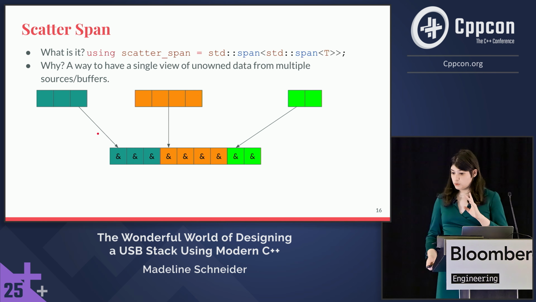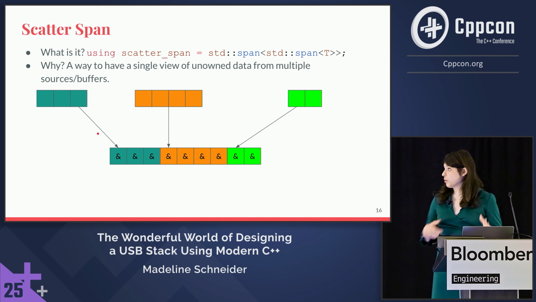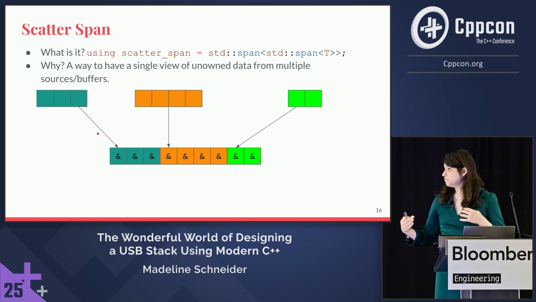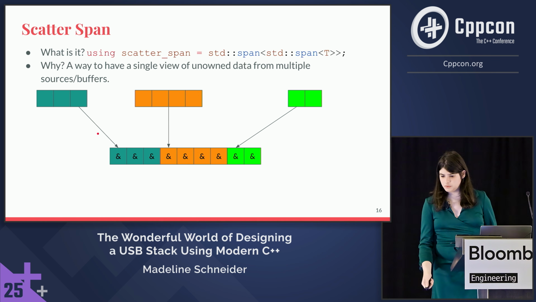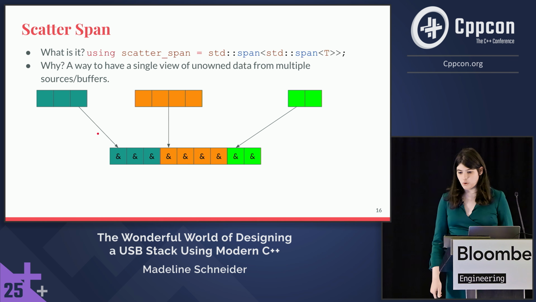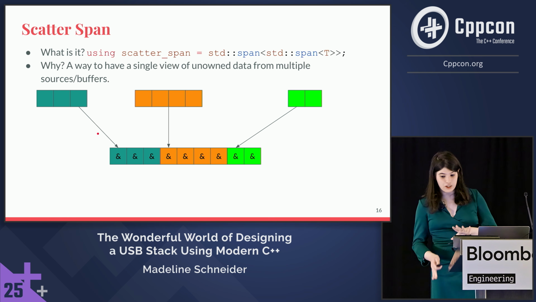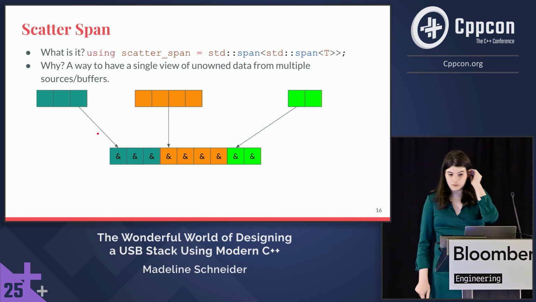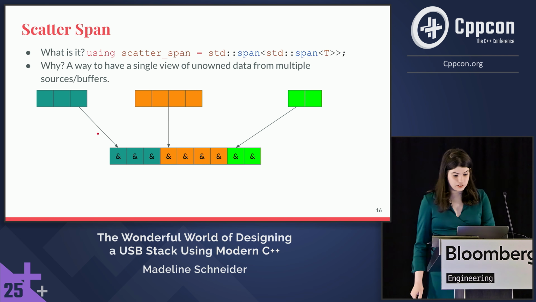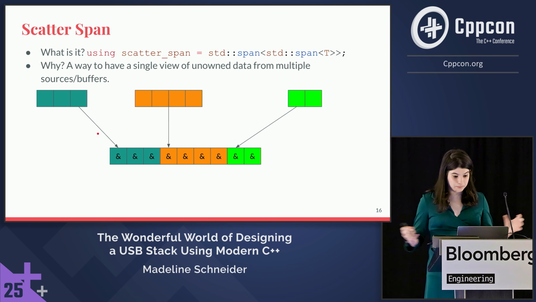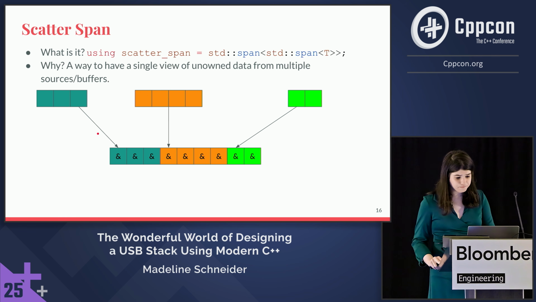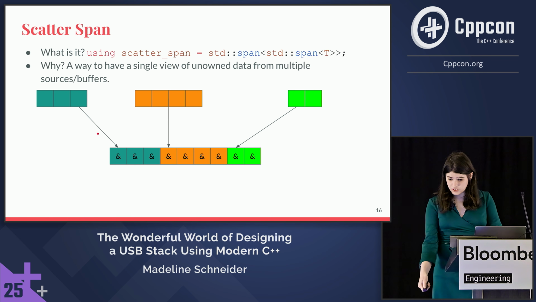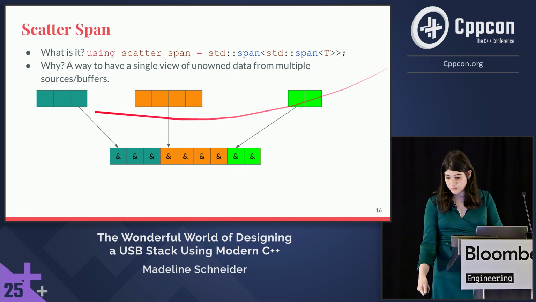All right, so scatter span is another pretty important concept throughout our library. Quite literally, at this point in time, it's just a type alias to span of T. What it allows you to do is aggregate multiple buffers as a single view. So you can see that I have the teal block, the orange block, and the green block, and they're all separate buffers.